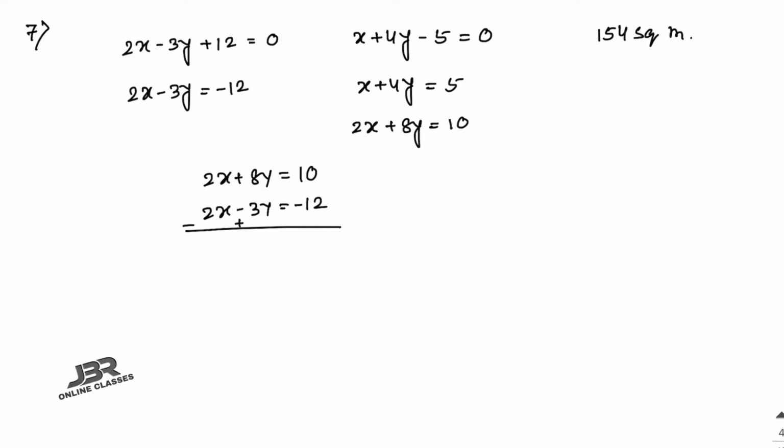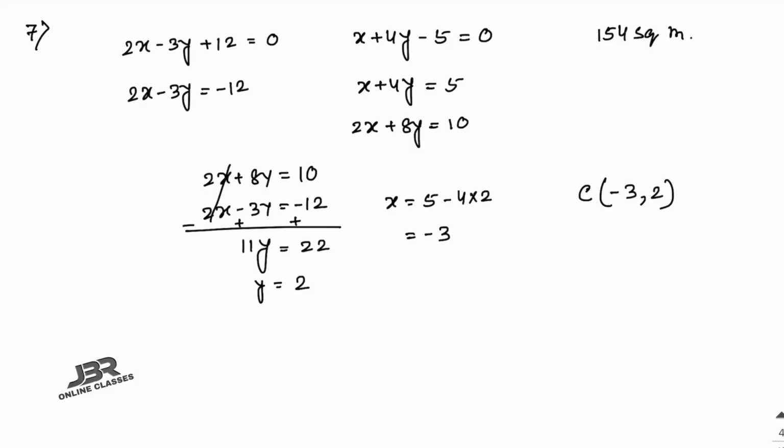Subtracting, minus becomes plus, and 2x cancels out. It's 11y equal to 22, so y equal to 2. As y equal to 2, then x equal to 5 minus 4 into 2, that means minus 3. So the center is (-3, 2).